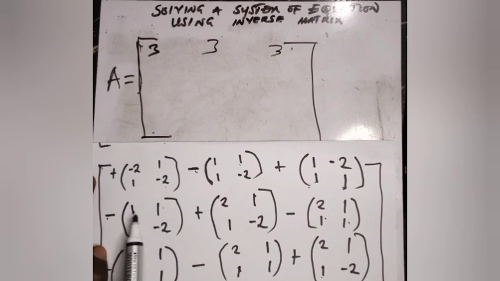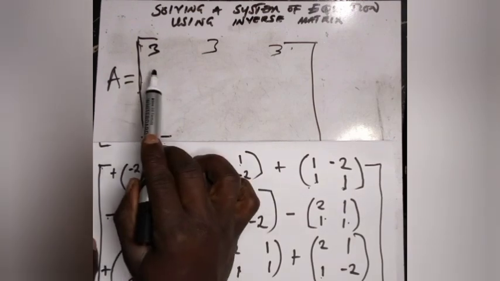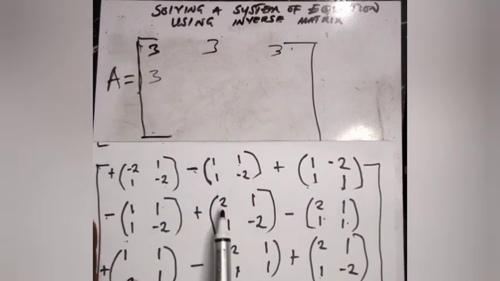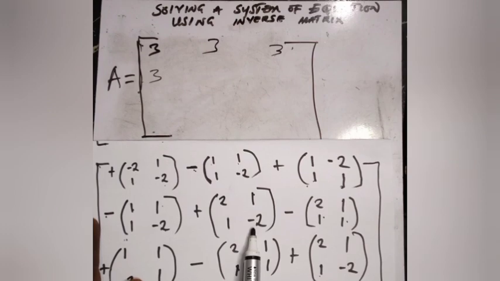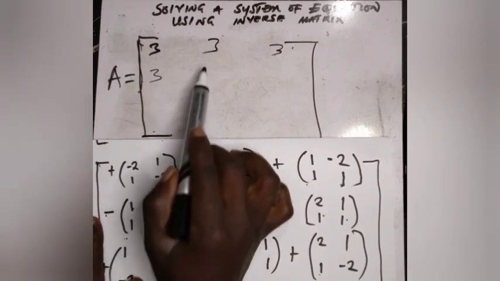Then here, 1 times -2, which is -2, minus 1, which is -3. Here there is negative, so negative times negative is positive, so it is +3. Then here, 2 times -2, which is -4, minus 1, which is -5.